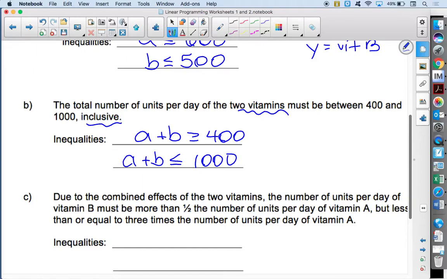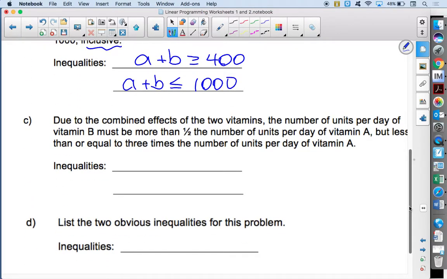Part C, due to the combined effects of the 2 vitamins, so when the 2 vitamins are in your body, the number of units per day of vitamin B must be more than half the number of units per day of vitamin A. So I'm going to stop there. What inequality would go along with that?